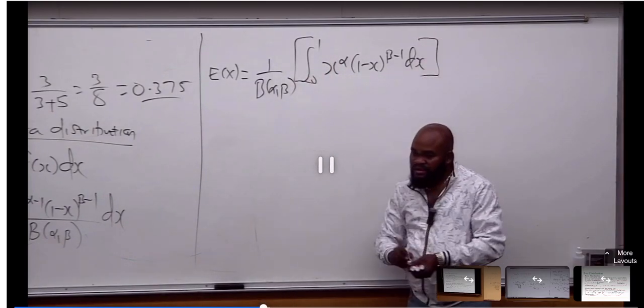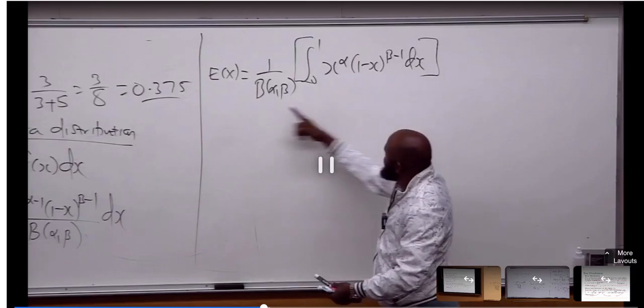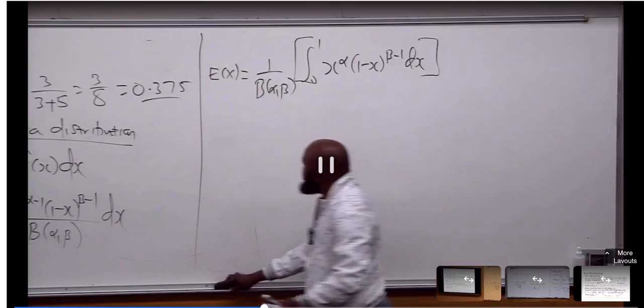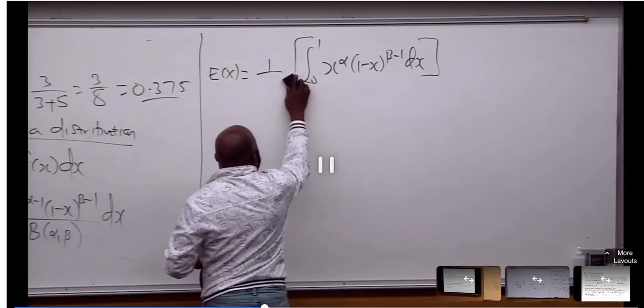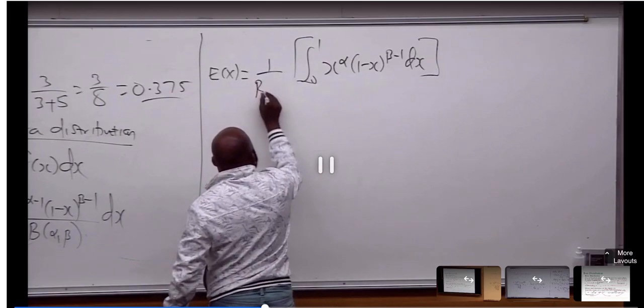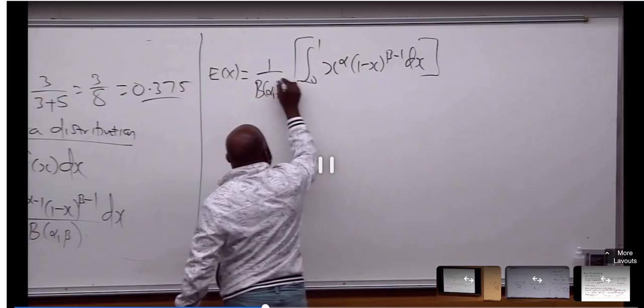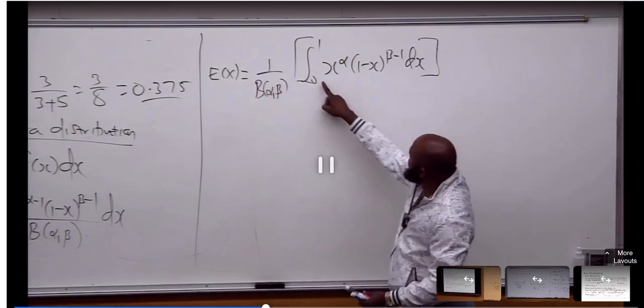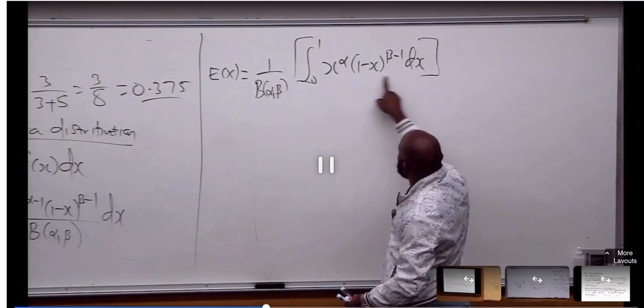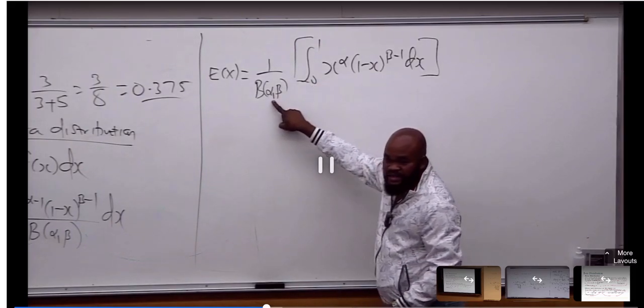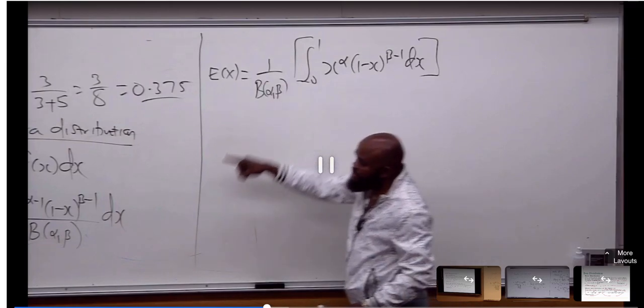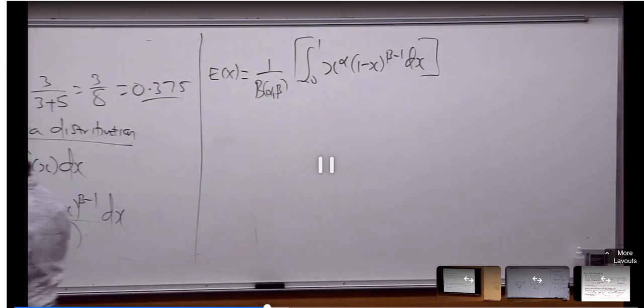In a beta, you want to write this guy this way. Can somebody tell me? Give me one. Let me write it very well. I want to write this to look like this. Can somebody tell me what to write using the idea of a beta function that I gave you before?